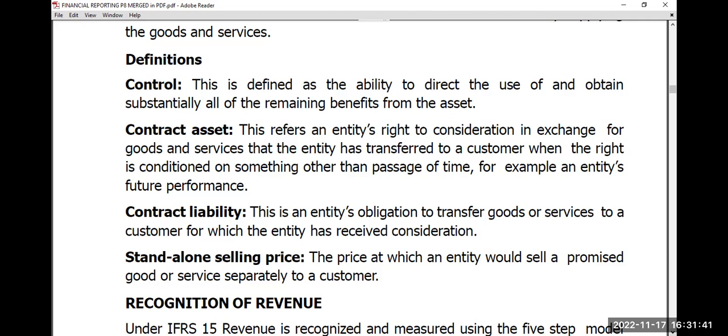Maybe the other example you may look at is if, let's say, the company has got a contract and it's supposed to supply 500 computers as the full contract.